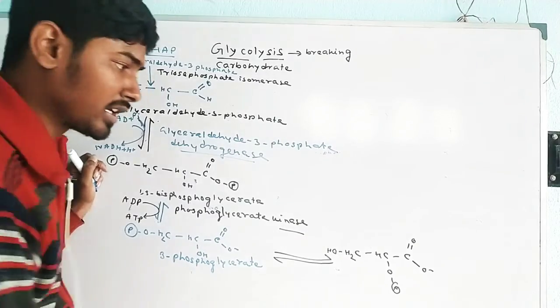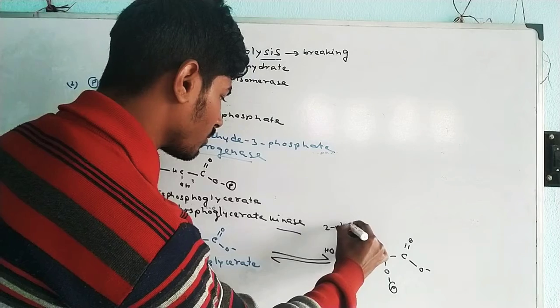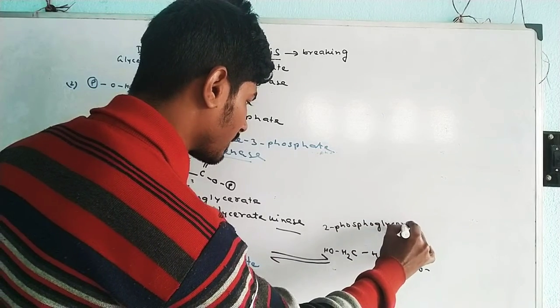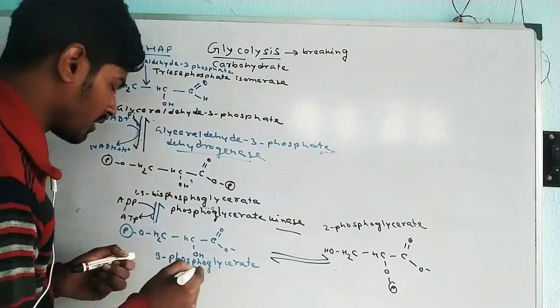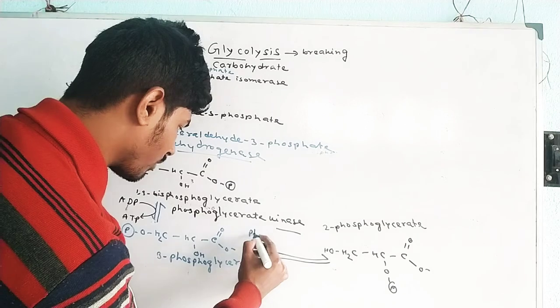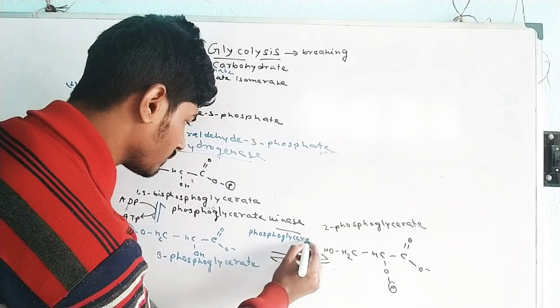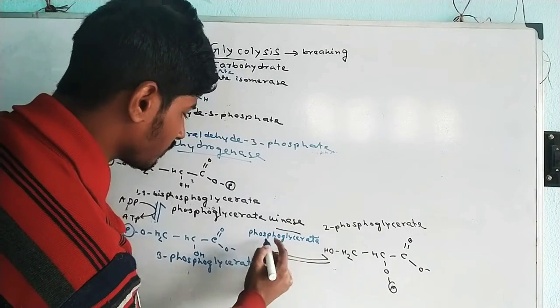So that is basically 2-phosphoglycerate, and the enzyme that is catalyzing the reaction is called phosphoglycerate mutase.